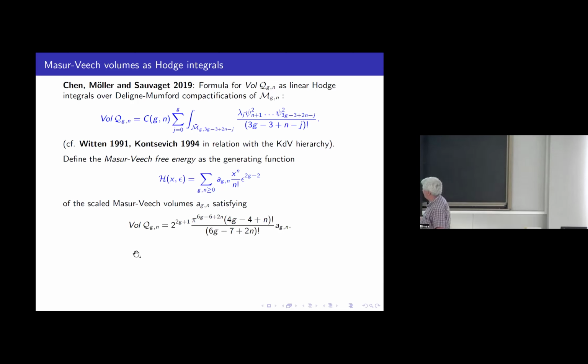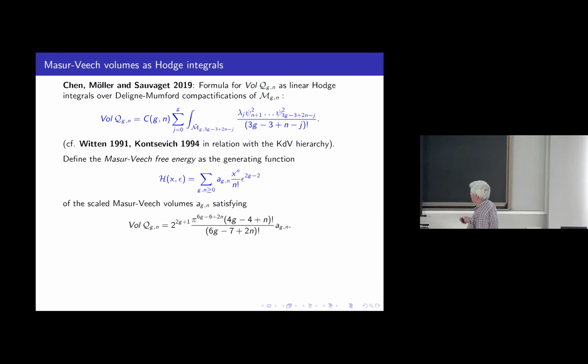It's just scaled by certain powers of pi, certain factorials, powers of 2, they are all over the place. So A_{g,n} is essentially the volume times a known coefficient. Okay, and we consider the generating function.